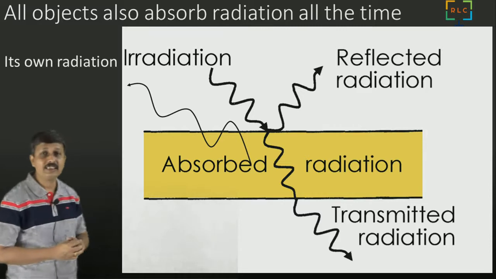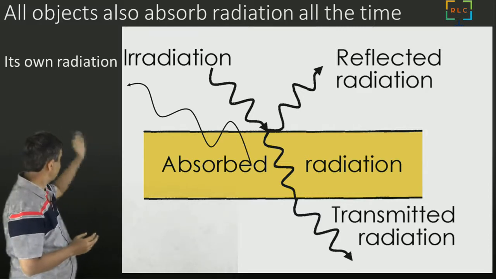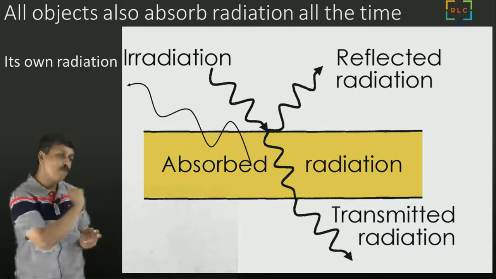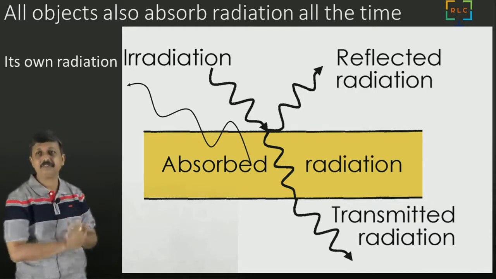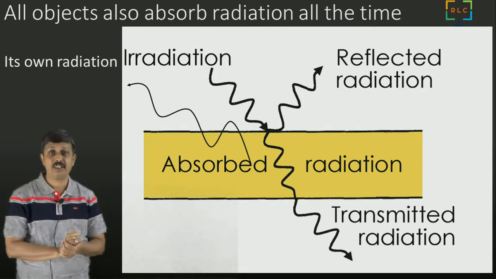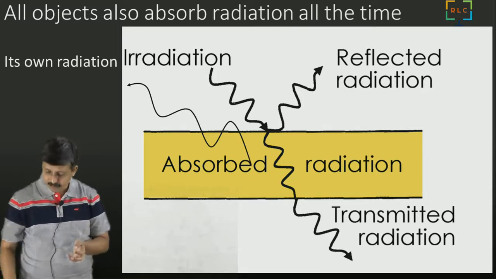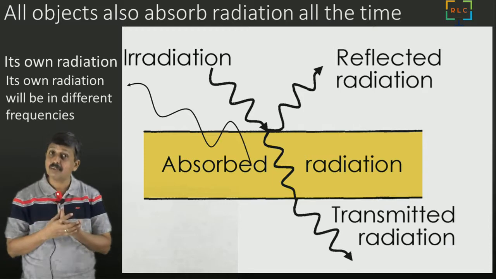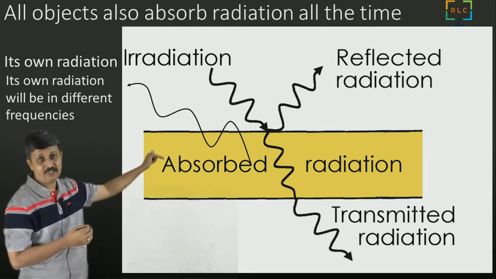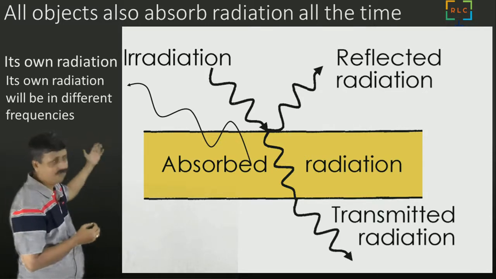When it goes out as its own radiation, that depends on how much it is vibrating, and it depends on the material. Its own radiation depends on the type of material, and hence its frequency is not the same as the frequency that was given to it. Whatever it has, it will give out its own frequencies.